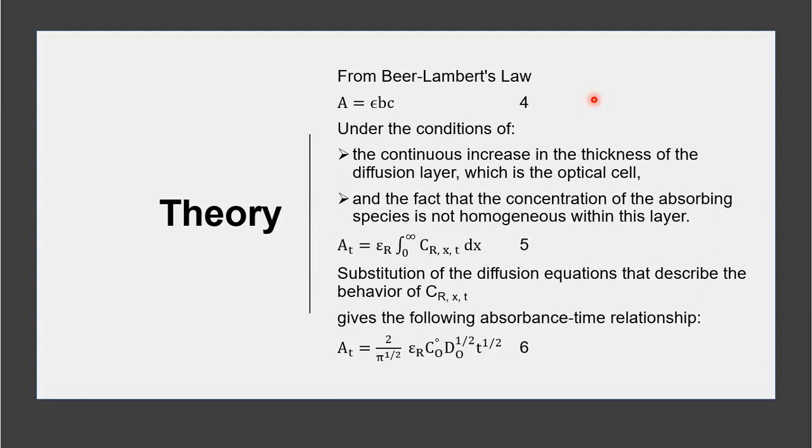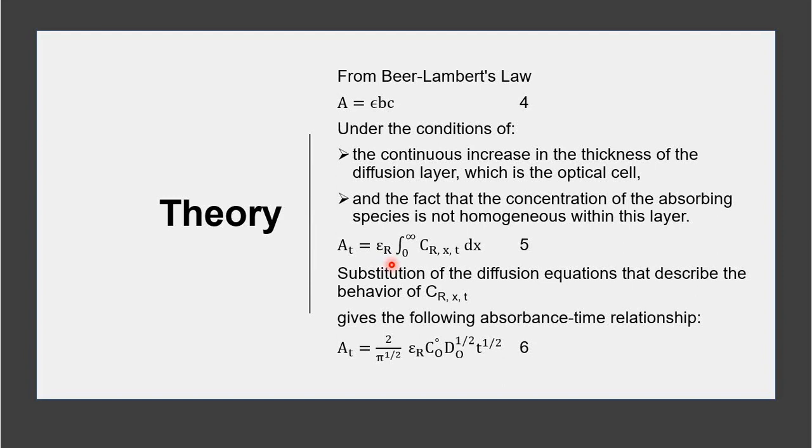So the concentration of the absorbing species will not be homogeneous and will be changing. Due to that reason, here is what we write: absorbance at any time t is equal to the molar extinction coefficient of the reduced species which is being formed after the reaction has started, that is the oxidized species being converted into reduced species.